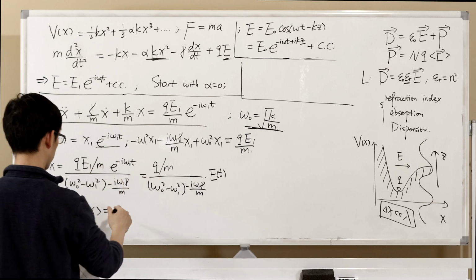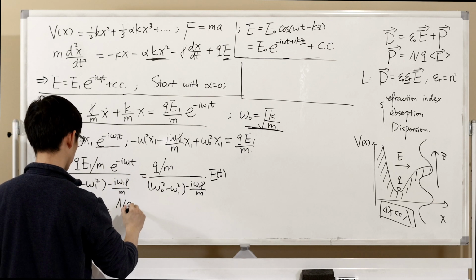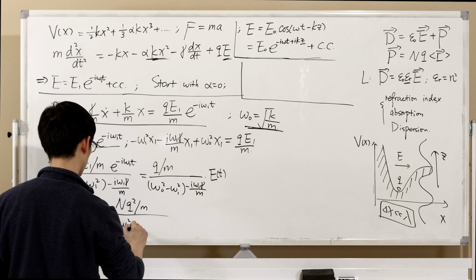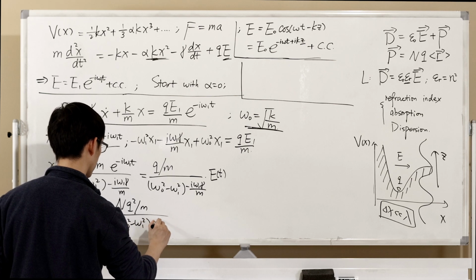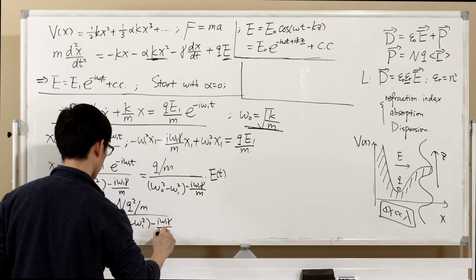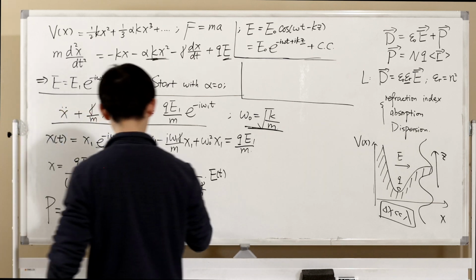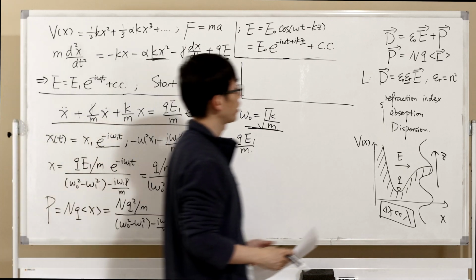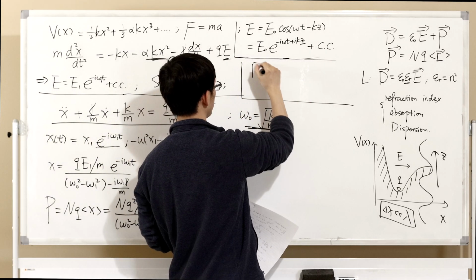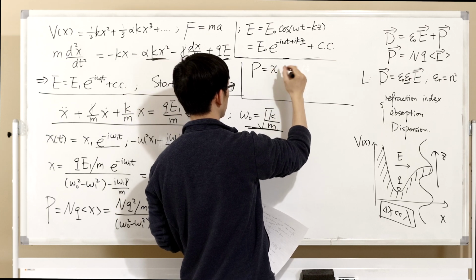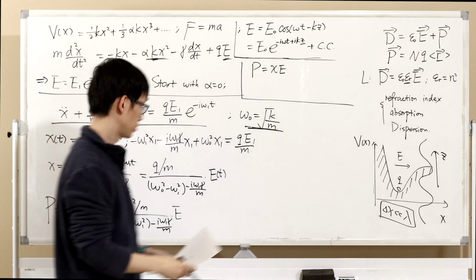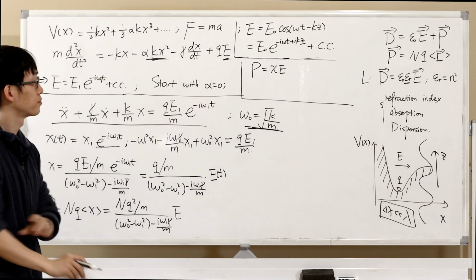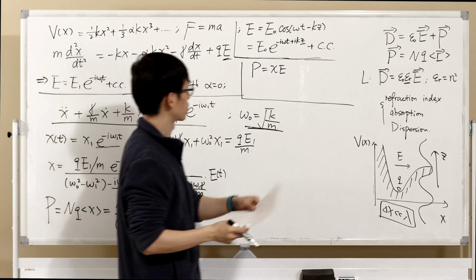Plugging all this in, it's N q squared divided by m, over omega naught squared minus omega 1 squared minus i omega 1 gamma divided by m, times E, your electric field. We now get a linear relationship between P and E. This term is your linear coefficient, and we pronounce this as chi. This is chi.